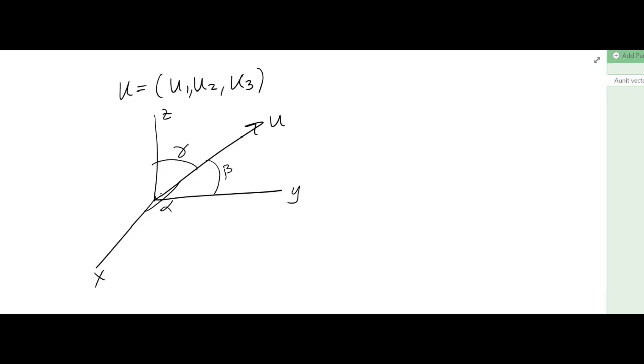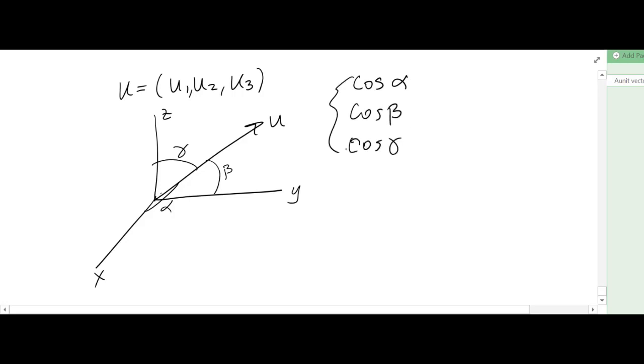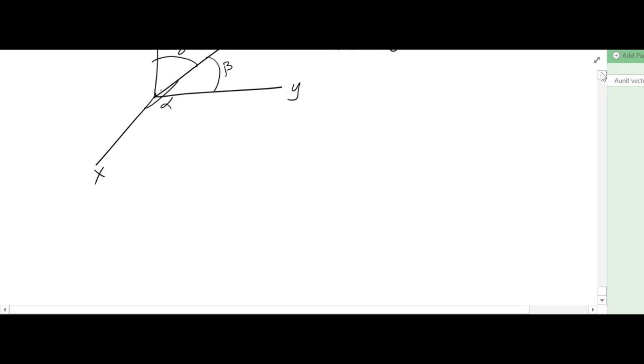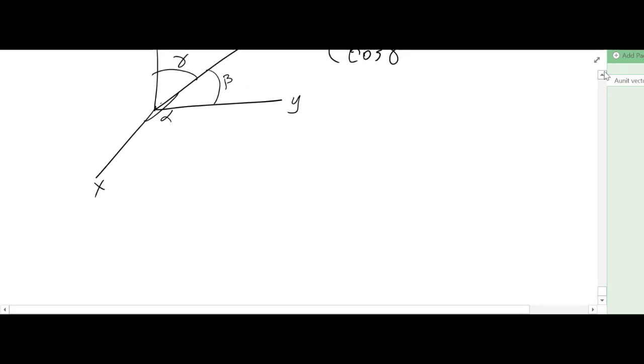And then the direction cosines are just the cosines of those angles. Oftentimes they'll ask you how to find those angles. Is there a formula or something?